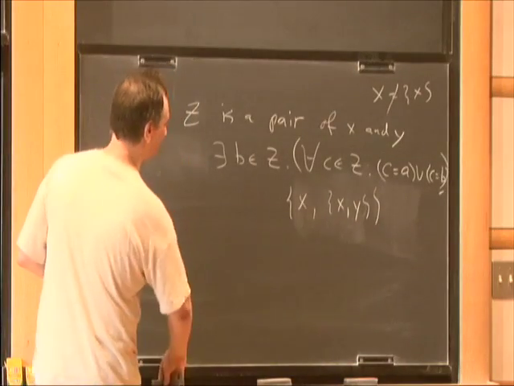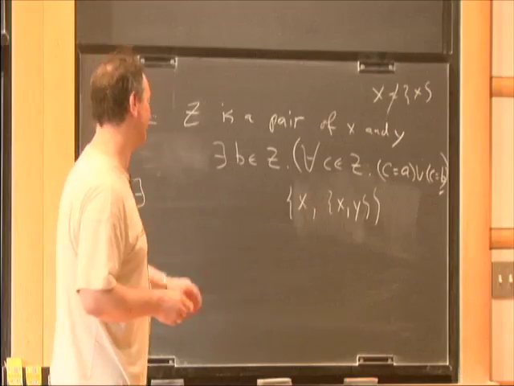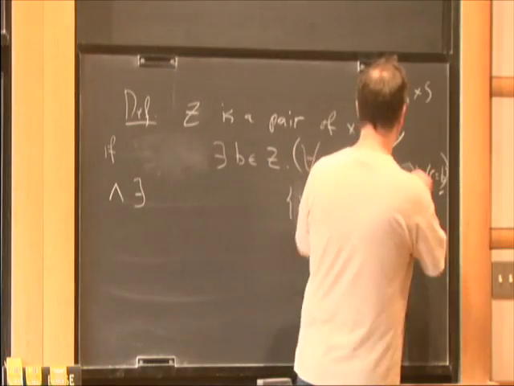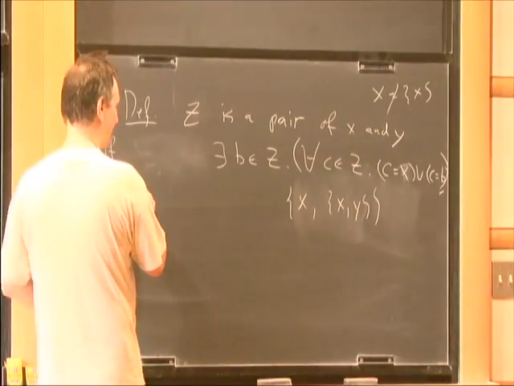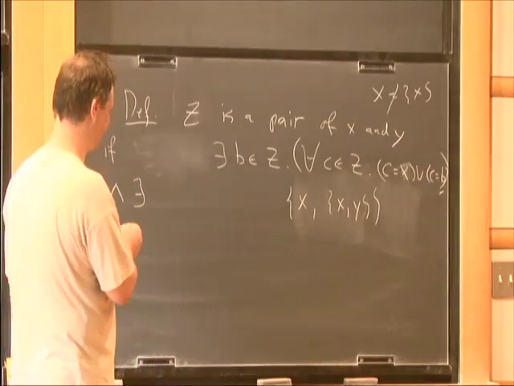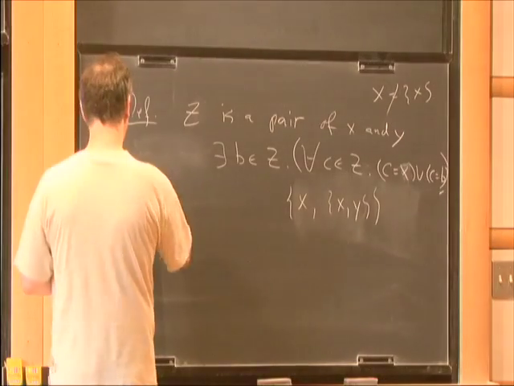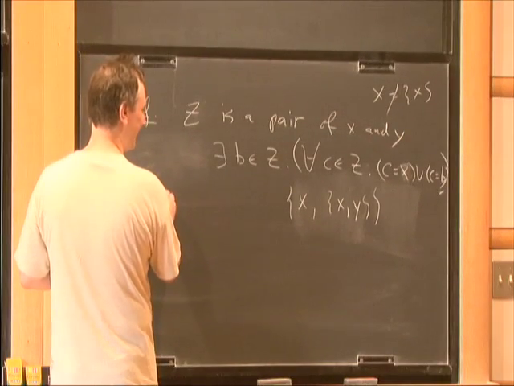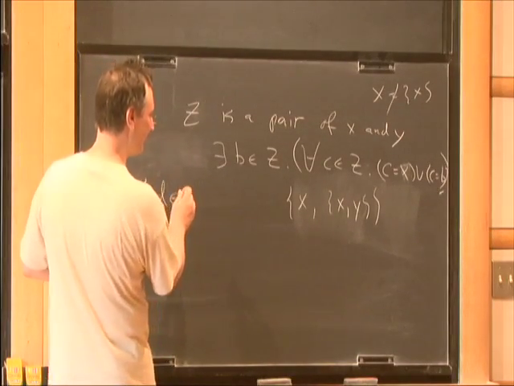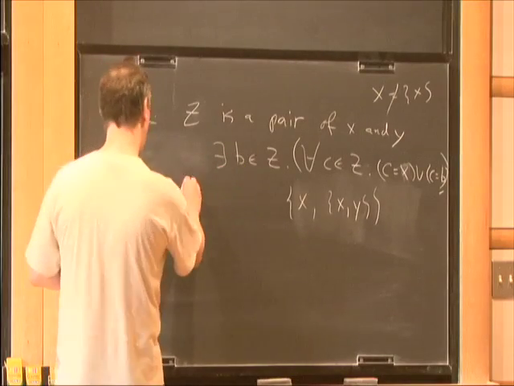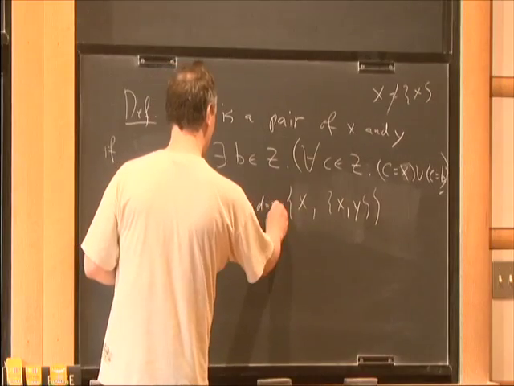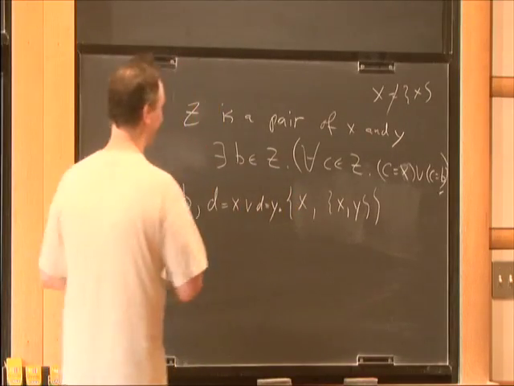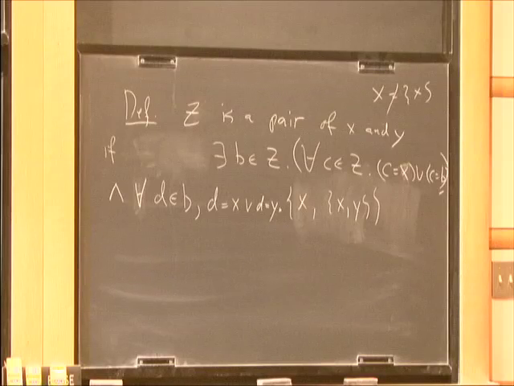There exists B in Z such that for all C in Z, C equals X or C equals B, and for all D in B, D equals X or D equals Y. I think that would be a definition of a pair if you really wanted to write it down as a formal statement.